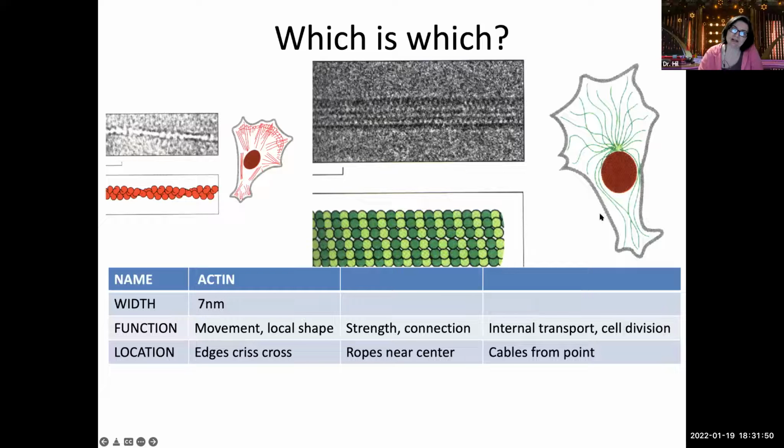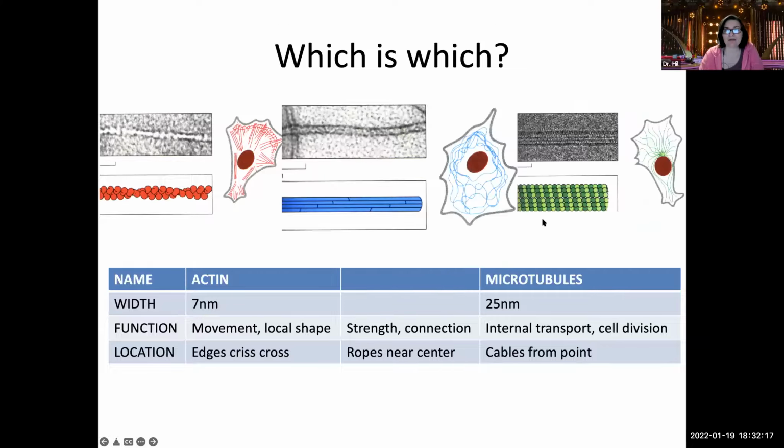This is what, and how big is it? That's right. These are microtubules, hollow tubes made of tubulin. These little round subunits are tubulin protein. And they're about 25 nanometers wide, the biggest ones.